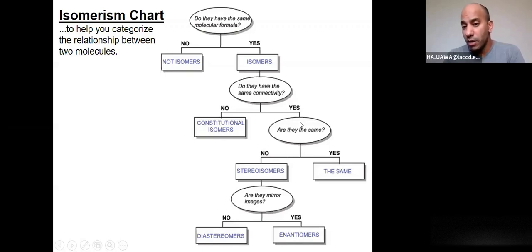If the answer is yes, now, are they exactly the same? If they are exactly the same, then they are the same exact molecule. But if they have the same connectivity, but they are different arrangement in space, then they are stereoisomers of each other. The next question would be, are they mirror image of each other? Because if they are mirror image of each other, then they are enantiomers. If they are not mirror image of each other, then they are diastereomers.